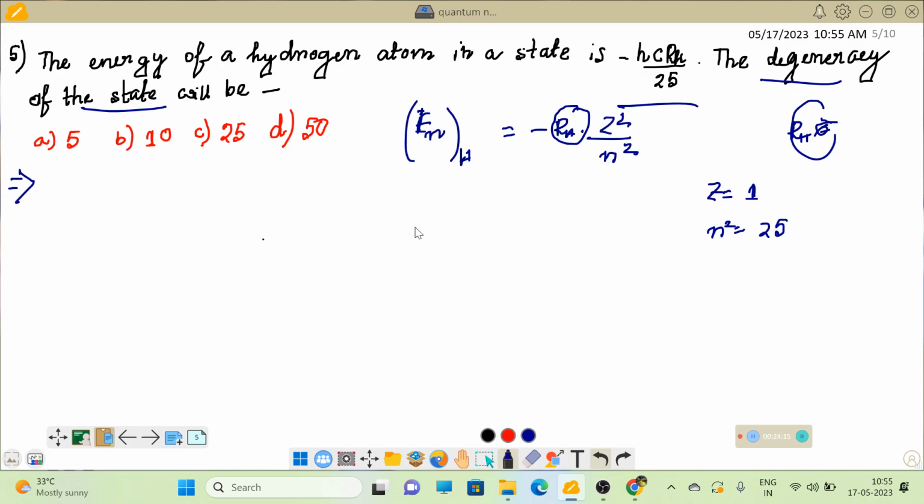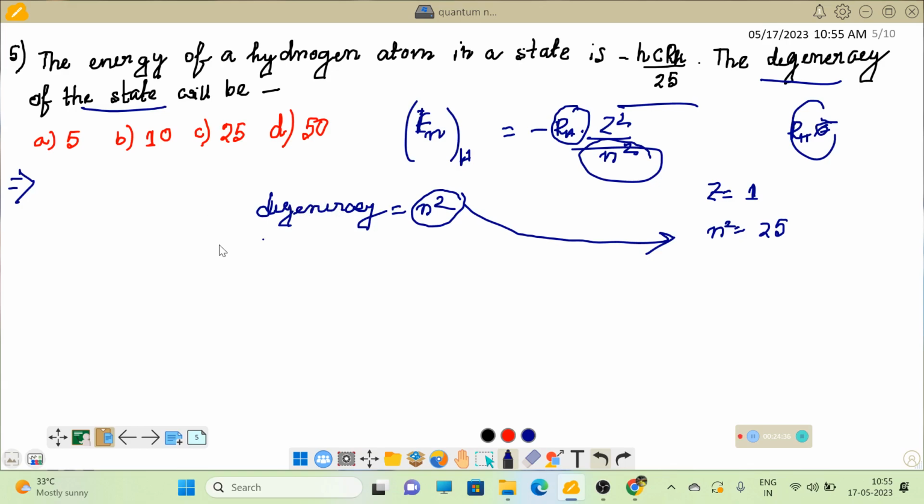So there is a formula of degeneracy: degeneracy equal to n square. So I think you can get the answer: degeneracy equal to 25.